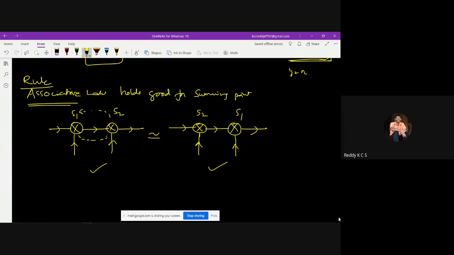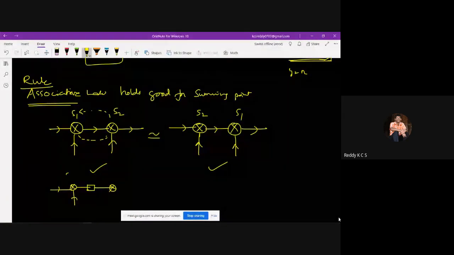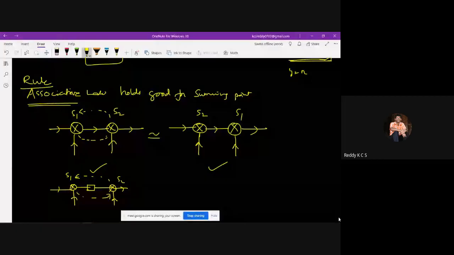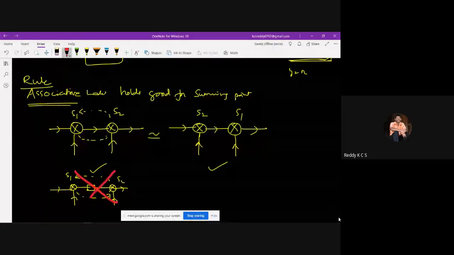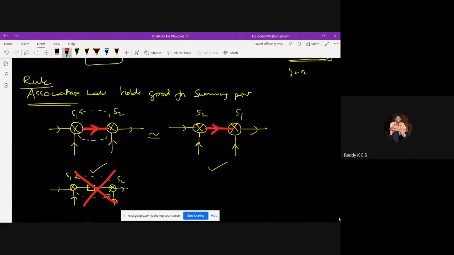If I have a block in between them, between summing point 1 and summing point 2, then I cannot interchange in this case. Only when they are connected directly can I interchange like this. This holds good, but this does not hold good. So that is very important, associative law.